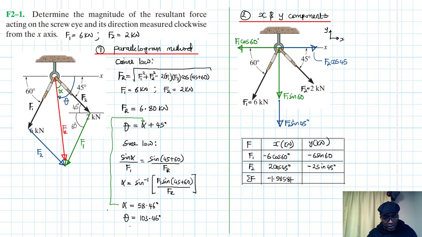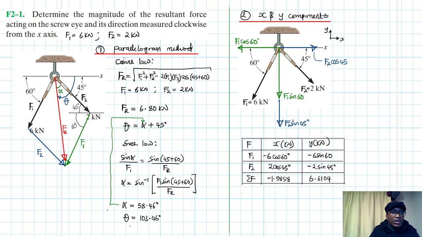The other one is 6 sine 60 and 2 sine 45, right? It's 2 sine 45. So this gives us 6.6104.